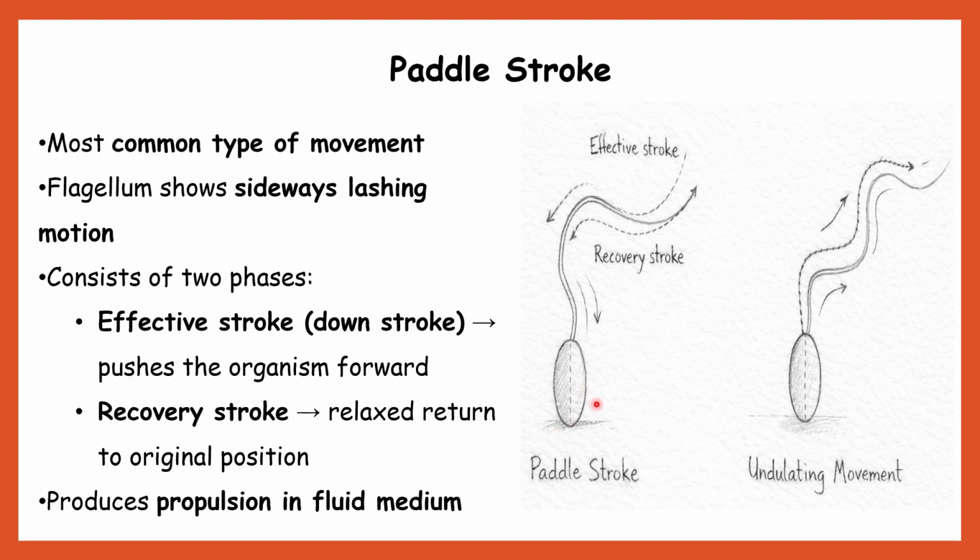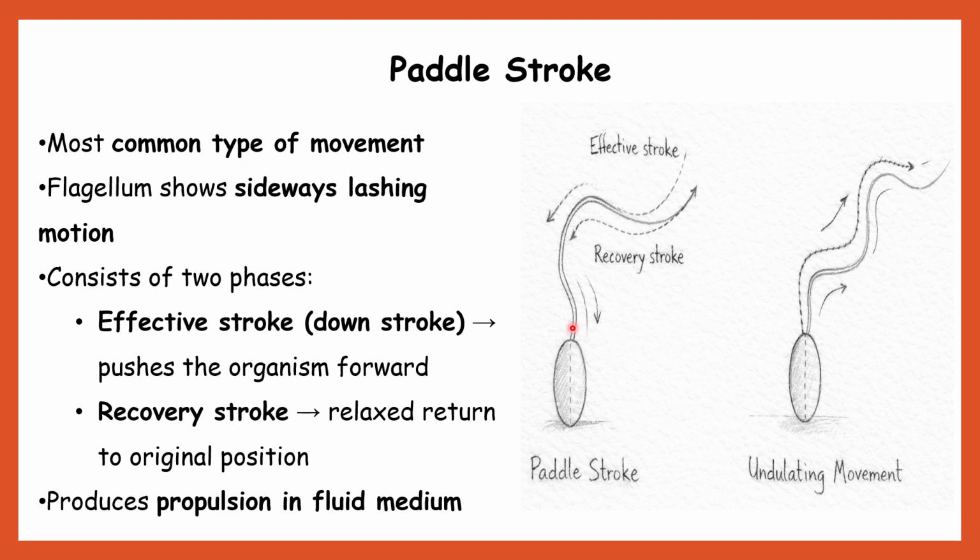In this effective stroke, the flagella becomes very rigid, like a stick, and it moves from here to here, beating the water in this direction. Because of this beating, the flagellate moves in the forward direction.